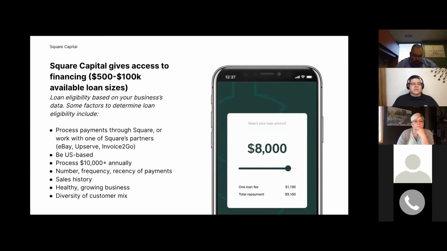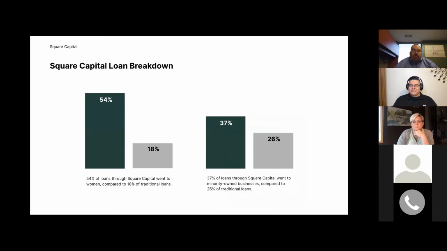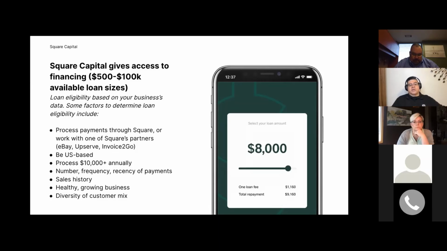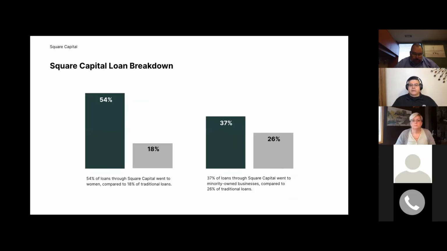On average, our loan size is about $6,500, what banks would usually consider a micro loan. So it's just quick and easy to get, and it's a simple fee. When you get a loan offer, it tells you what your loan is, and then what your total fee would be for that. So you know that all up front.